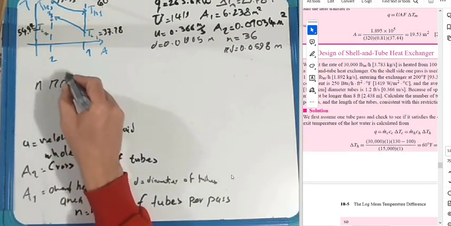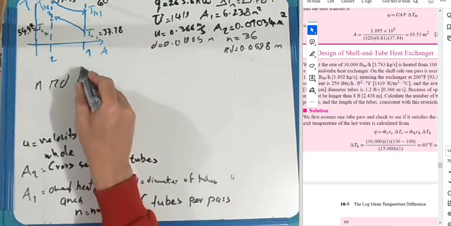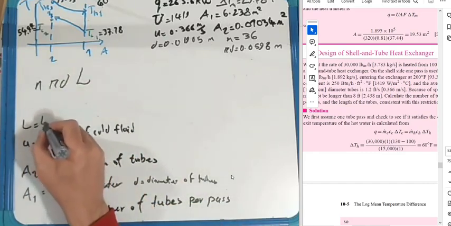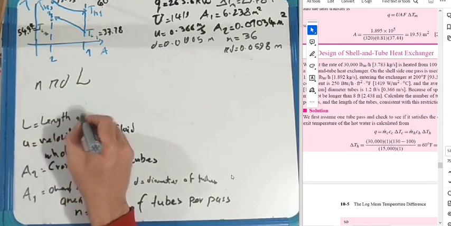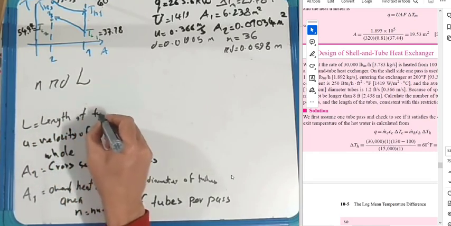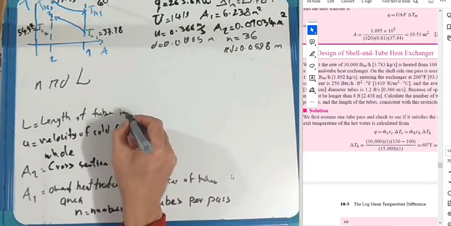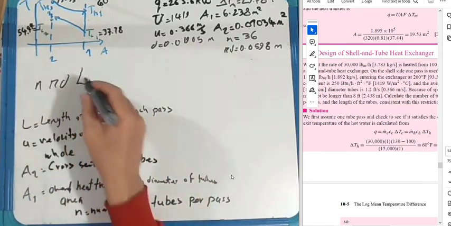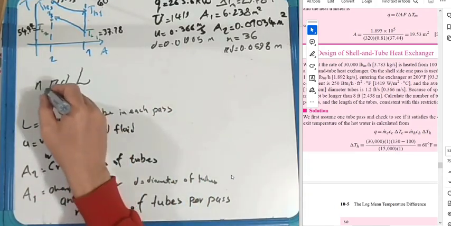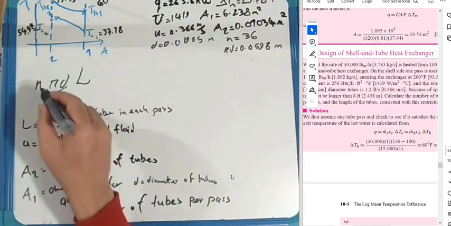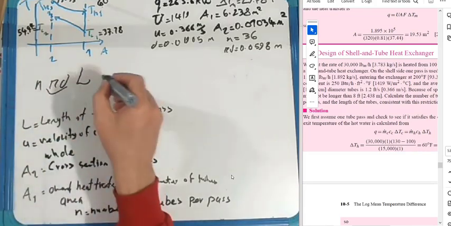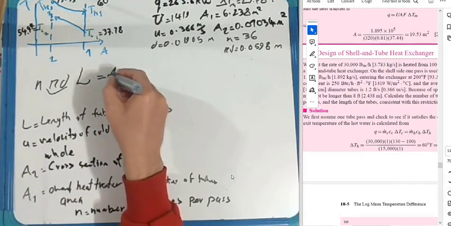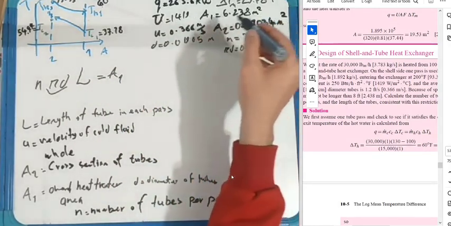N P D L. L is length of tube in each pass. P is perimeter and N is number of tubes. Okay? Then it would be equal to A1.